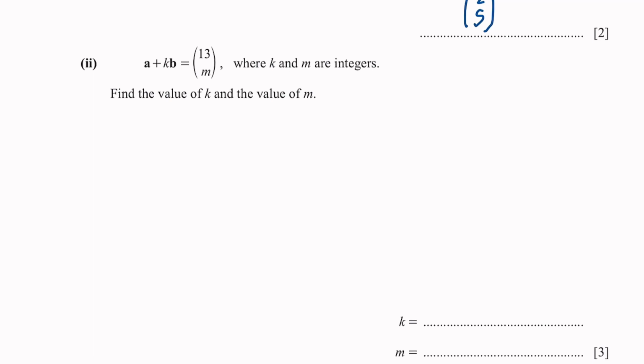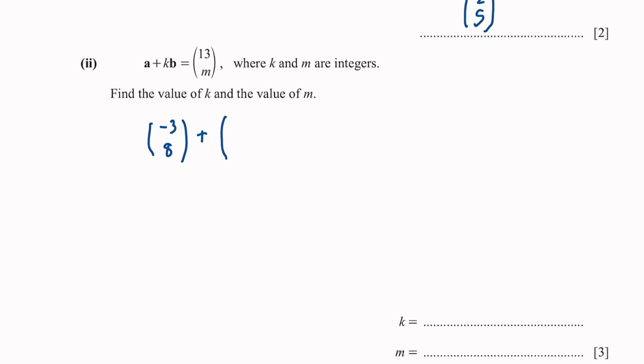a plus kb is equal to (13, m), where k and m are integers. Find the value of k and the value of m. So a is equal to (-3, 8), and then I will multiply k with b.